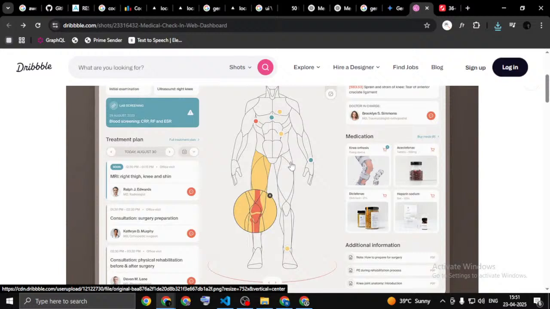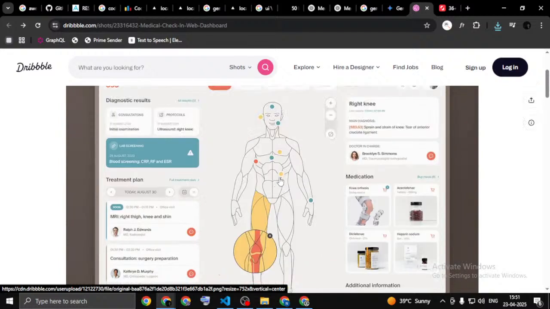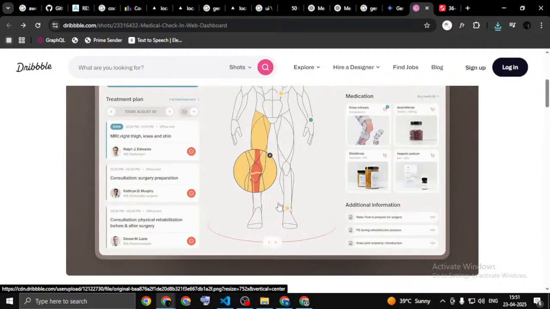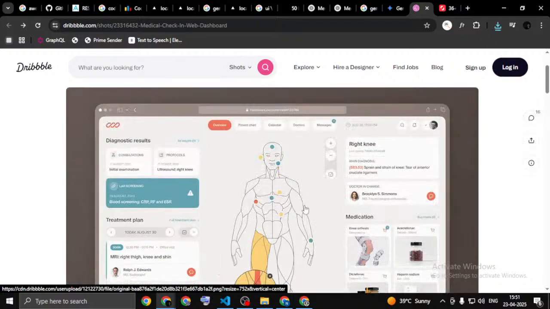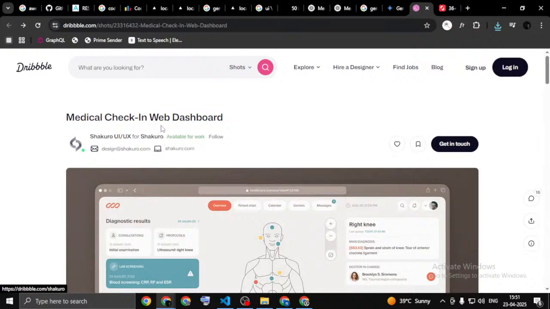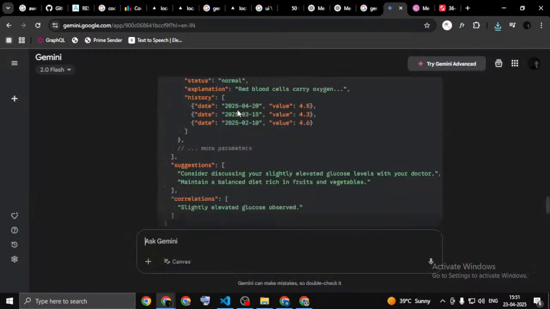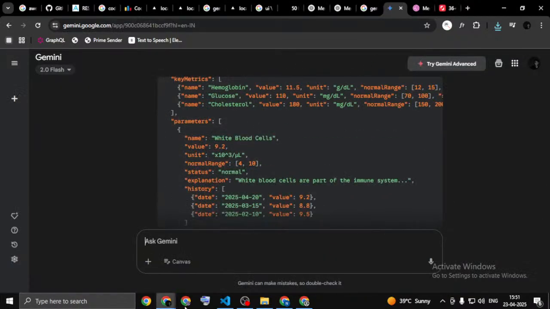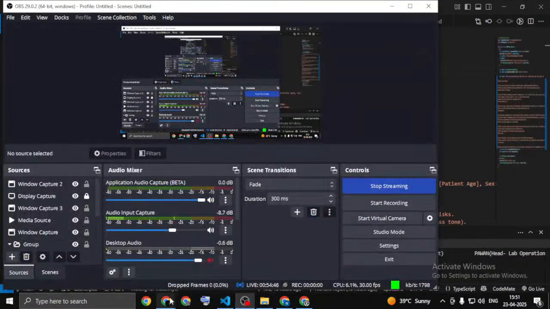But as an overview of the report, it will tell you that this part of your body is infected or you should be concerned about it, and you should focus on your diet and all that. I'm just building my project.